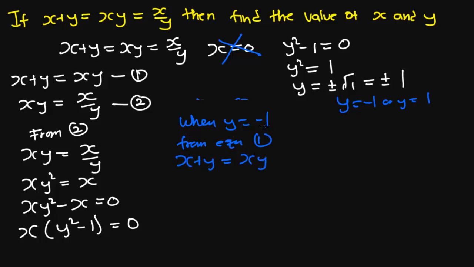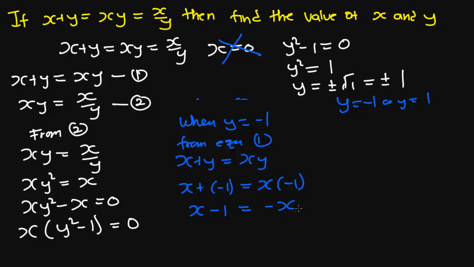Wherever we see y, we're going to put negative 1 over there. So we're going to have x plus negative 1 is equal to x multiplying negative 1. And so from here we're going to have x minus 1 is equal to negative x.